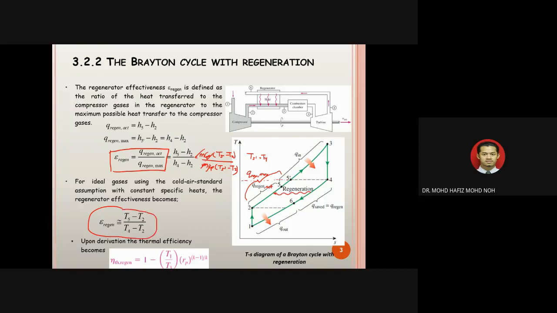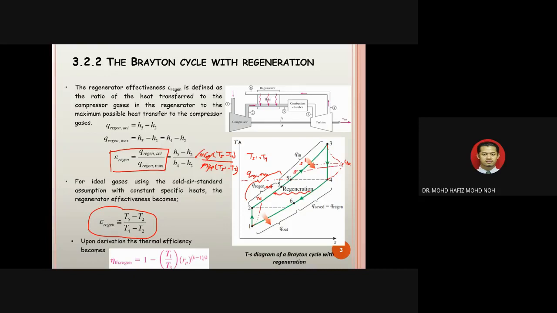This is the ideal cycle, but if you have the actual cycle, obviously we have actual values for the compressor as well as the turbine, with isentropic efficiencies for both. Here is T5 prime, and here is your T5.